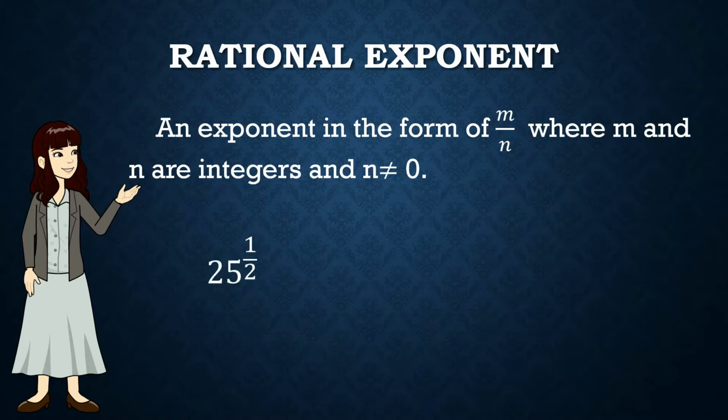Examples of rational exponents are 25 raised to 1/2, 64 to the 1/3, and -8 quantity raised to 1/2.